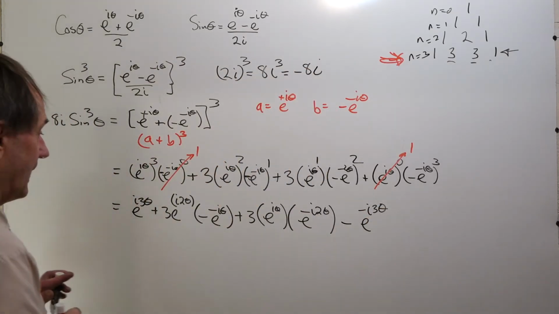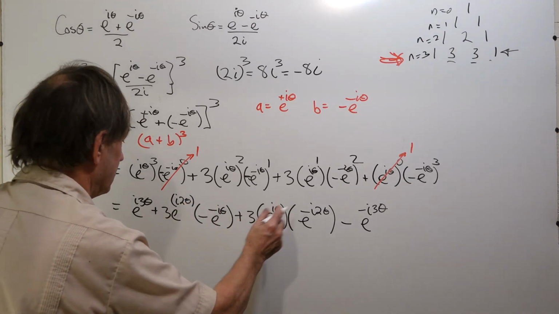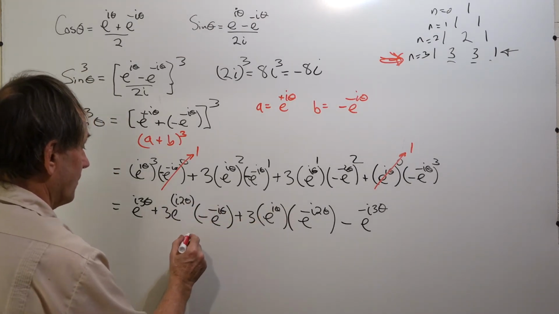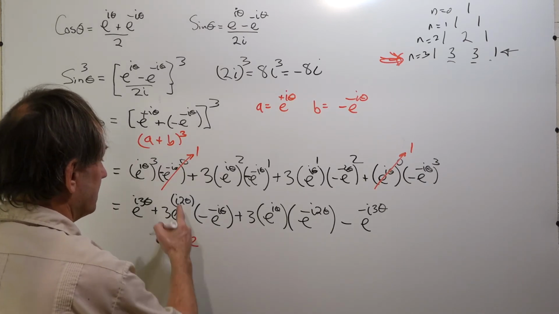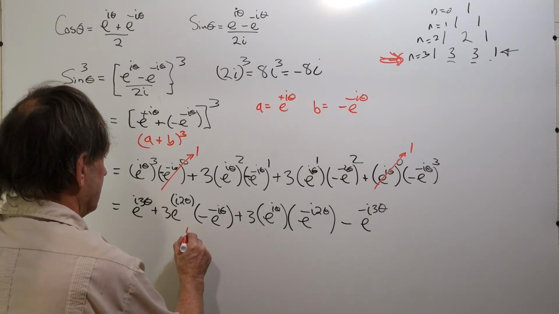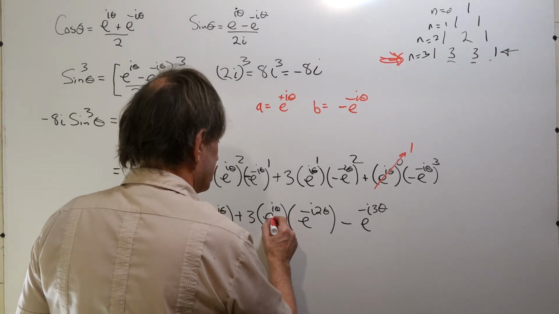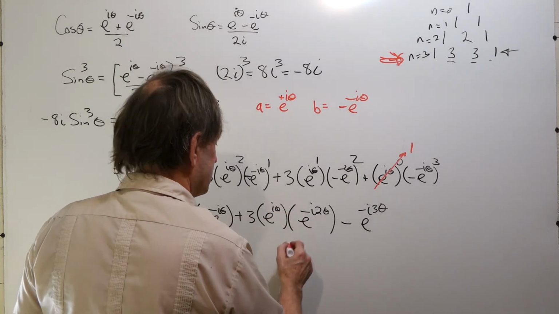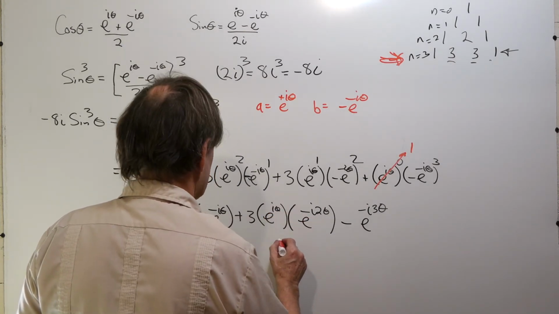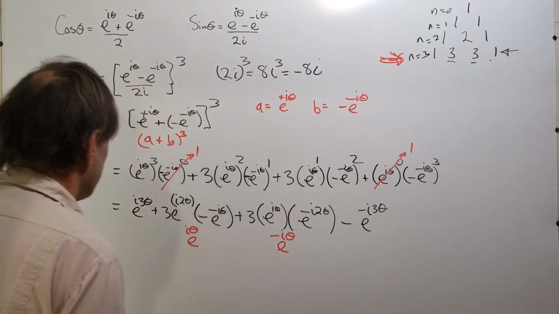Now we can combine the exponents because the bases are the same. This exponent becomes e to the 2 theta minus 1 theta, or e to the i theta, and this one has e to the i theta minus e to the minus 2i theta, so this is e to the minus i theta.